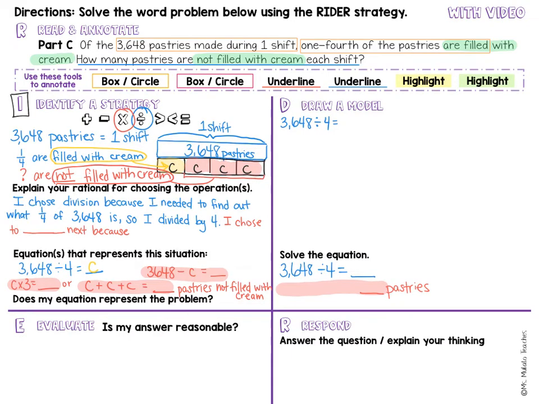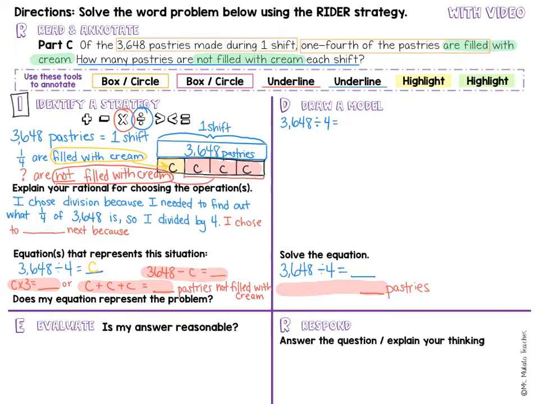Is my answer reasonable? So look at the question. How many pastries are not filled with cream each shift? You answered this many pastries. Does that answer make sense? We can think to ourselves, is the number of pastries that I got smaller than 3,648?